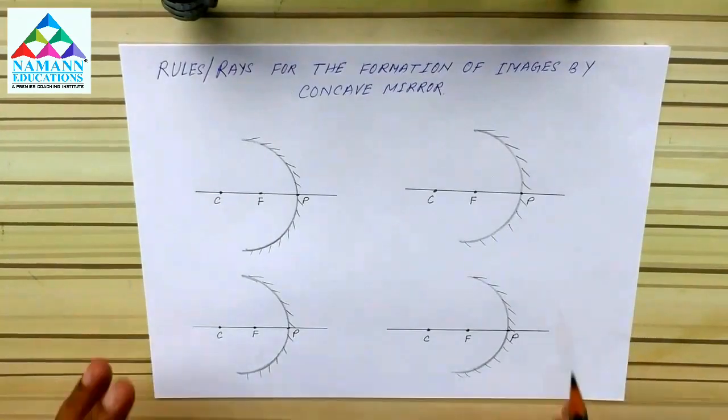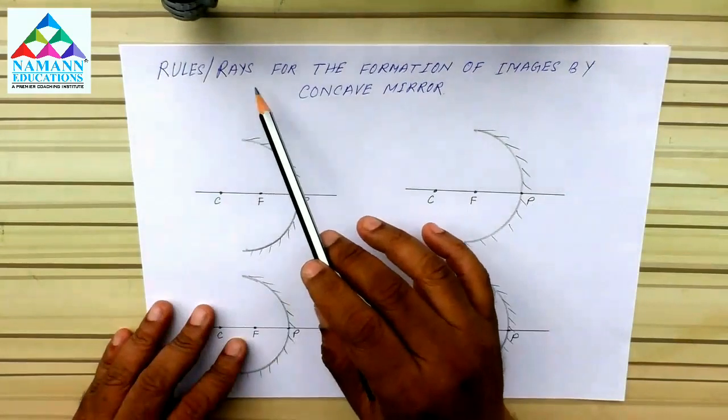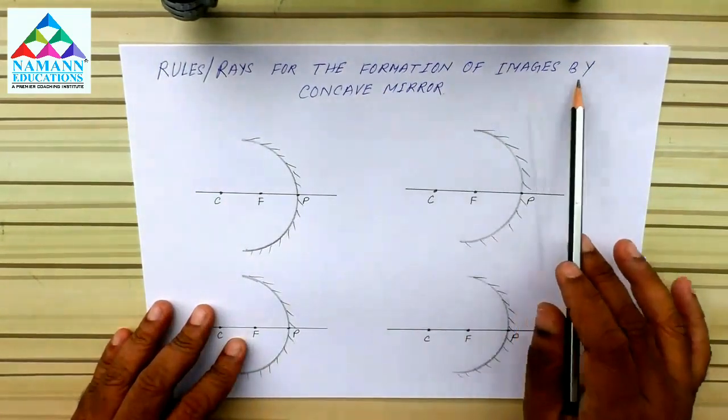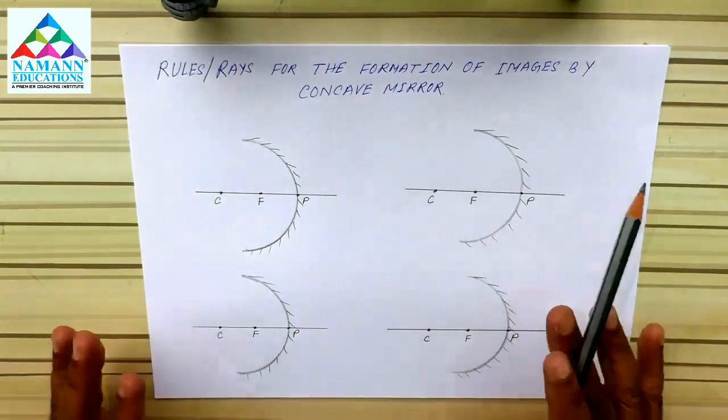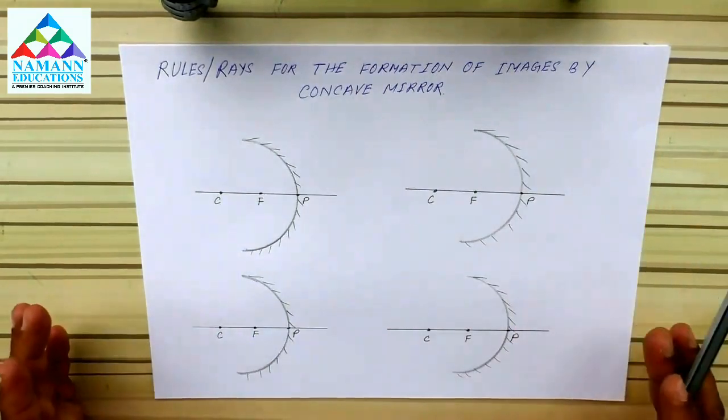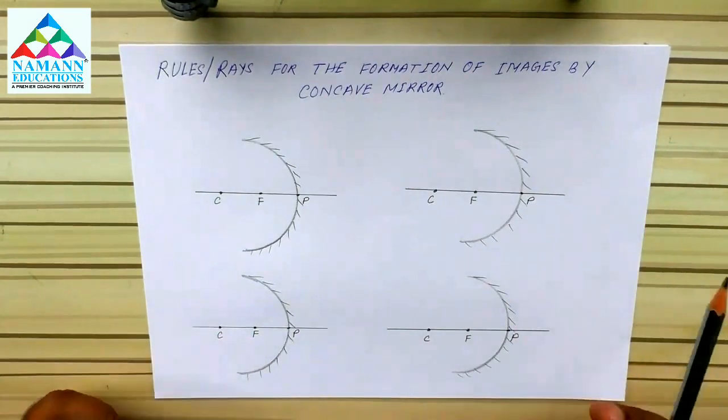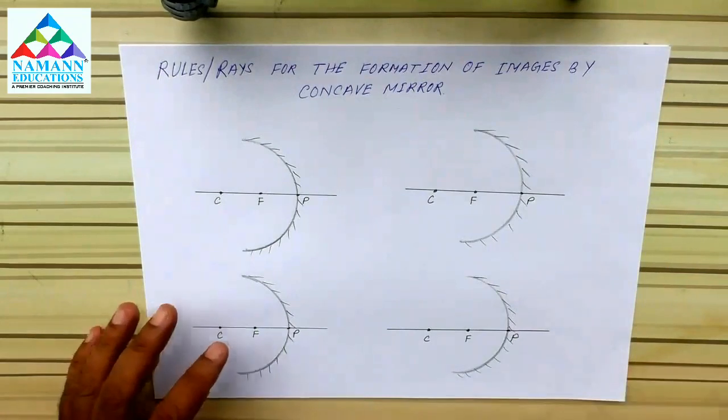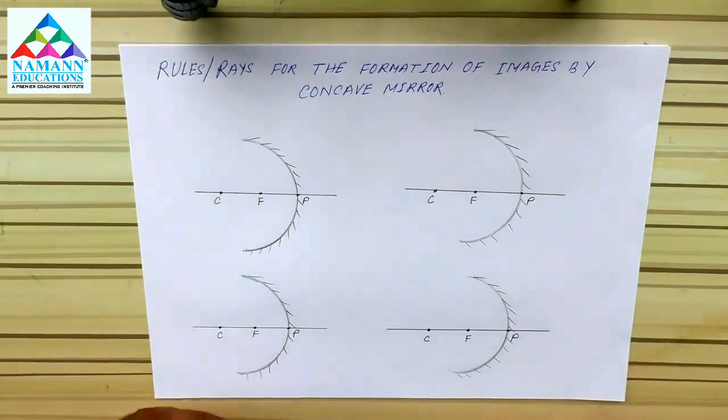Now we'll discuss rules or rays for formation of images by a concave mirror. First we'll discuss rules and then we will discuss the proper ray diagrams showing the formation of images. Now the four important rules for a concave mirror.